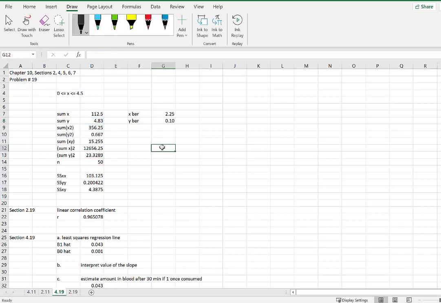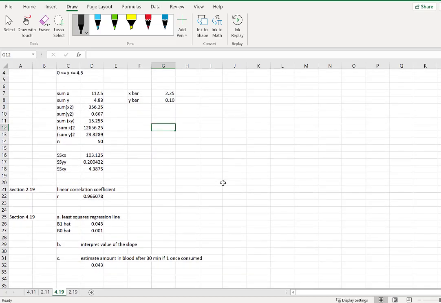So straightforward in Excel. These are all in those same positions. Now that I had it set up for problem 11, for those of you that went through section 4, problem 11, I copied it over here, so I have that same beta 1 hat and beta naught hat equations.